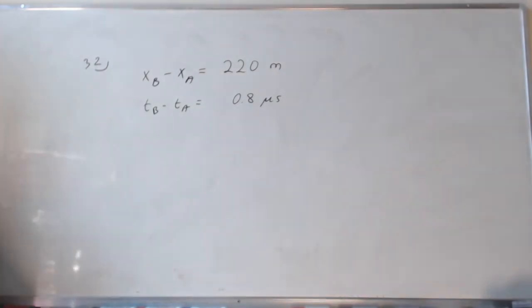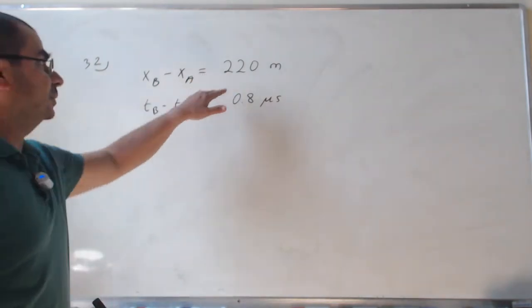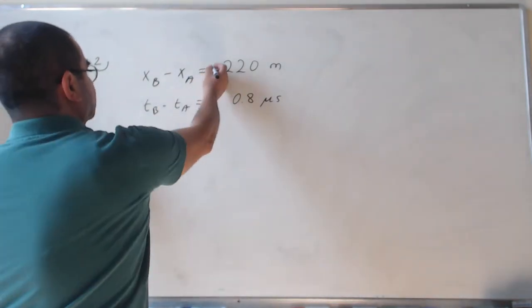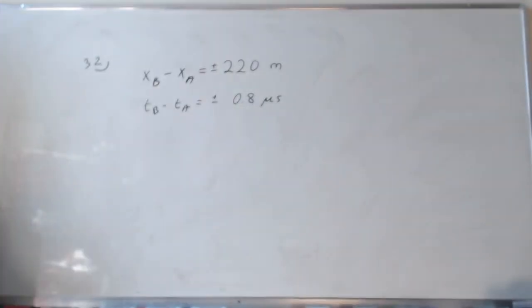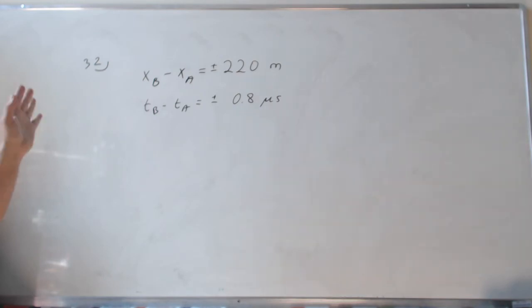Now, of course, I don't know for sure if B comes first or A comes first. It's possible that this is positive and this is negative and so on. So just to be safe, you could put plus or minus in at least one of them. I'm just trying to write down what is given in the problem without going into detail. This is just a reminder for me that I don't actually know that both of these are positive. One or both can actually be negative.